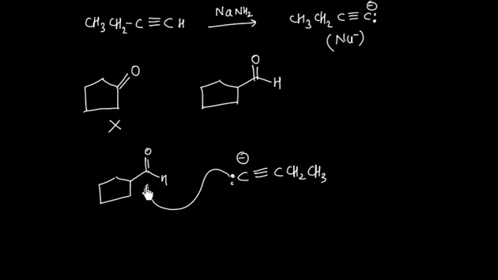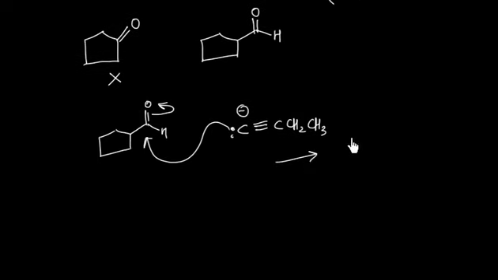this acetylide ion will attack on this carbon, this will open. So we will have CO minus hydrogen C triple bond C CH2CH3.